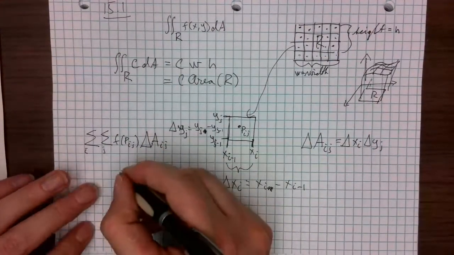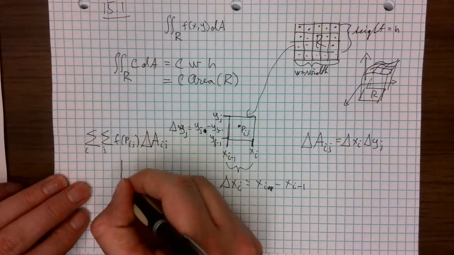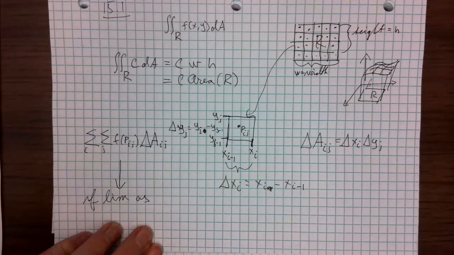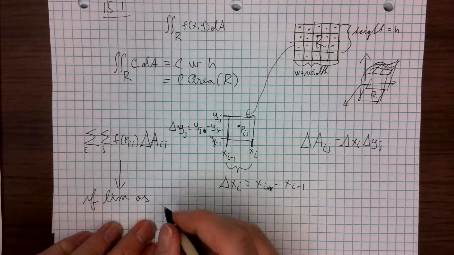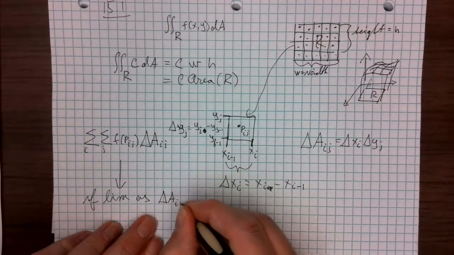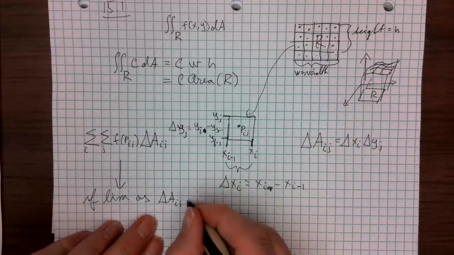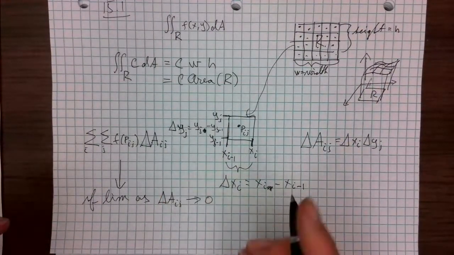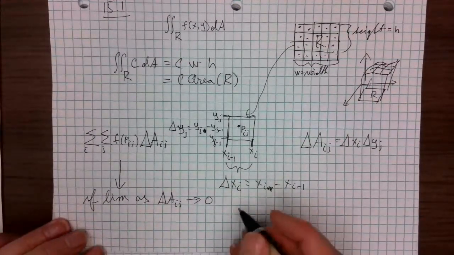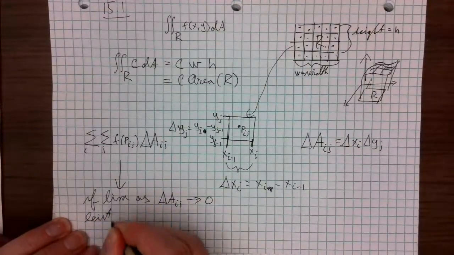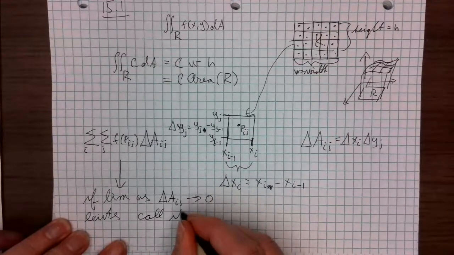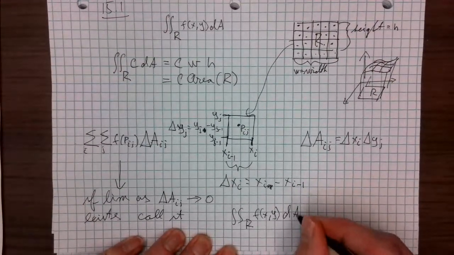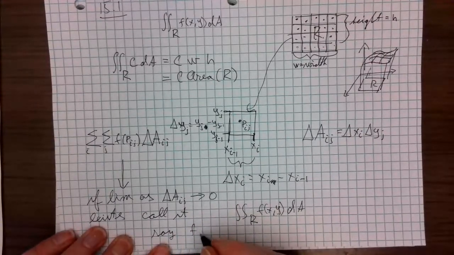So we'll say, the limit as the delta A_ij go to 0 is going to be a little vague, that's not quite exactly what it is, but as these little pieces get smaller and smaller, if this limit exists, call it this guy. And we say f is integrable.